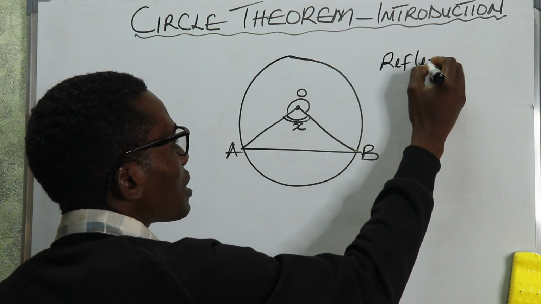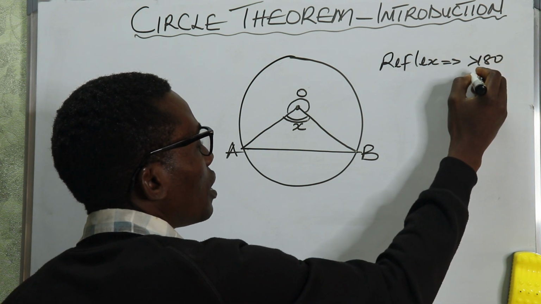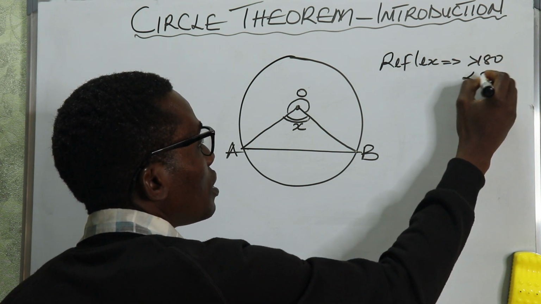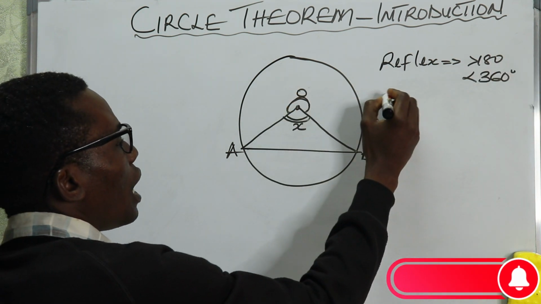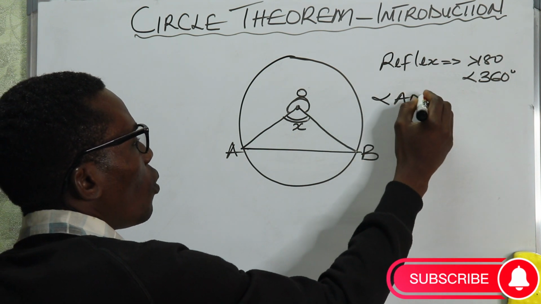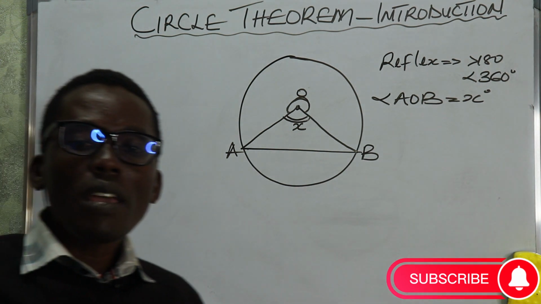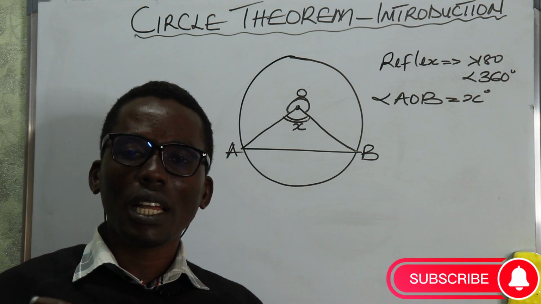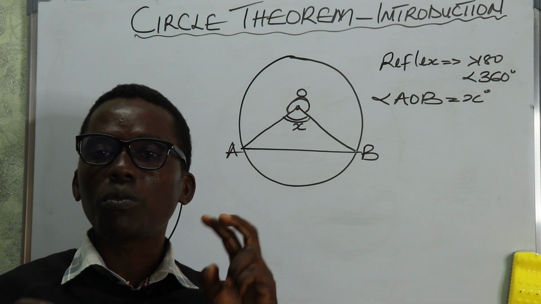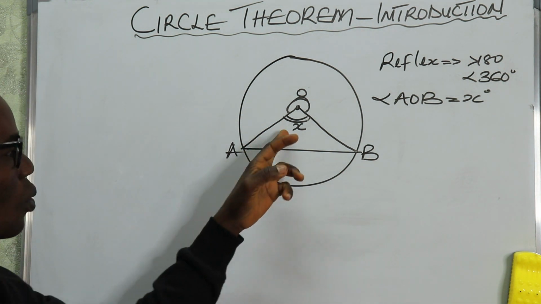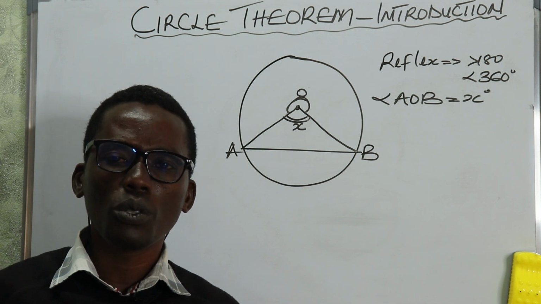Remember, we said reflex angles are angles that are greater than 180 but less than 360 degrees. So this gives us a reflex angle AOB and an angle AOB which is equal to X. So you see, whenever a chord AB sustains an angle at the center of a circle, it forms two angles. So get to know about this. It's very, very important. That's the first point I want you to note.